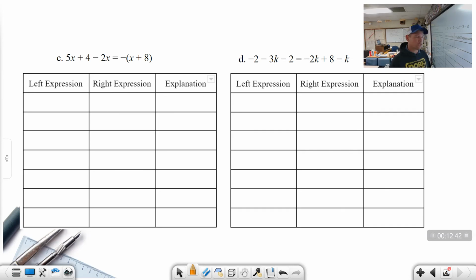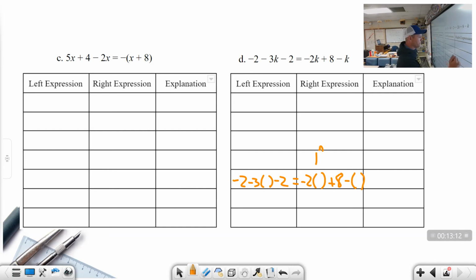When you get your answer, x equals, y equals, k equals, you're going to go down to the very bottom and rewrite the equation. -2 minus 3 parentheses minus 2 equals -2 parentheses plus 8 minus parentheses. Instead of the variable, you're going to write the value.